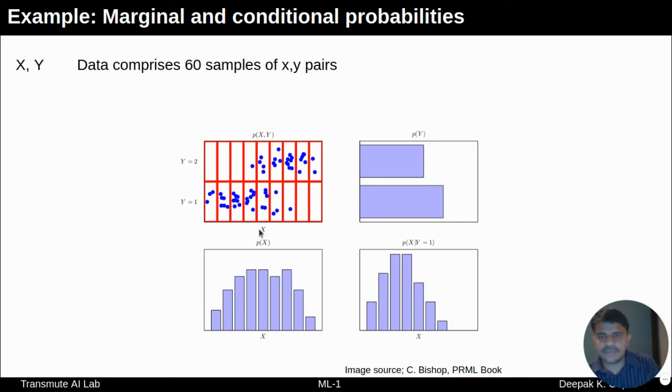So x has 9 discrete possible values. On the y-axis, we have the random variable y, and it is allowed to take two different values, y equal to 1 and y equal to 2. So x can hold 9 values, y can hold 2 values.